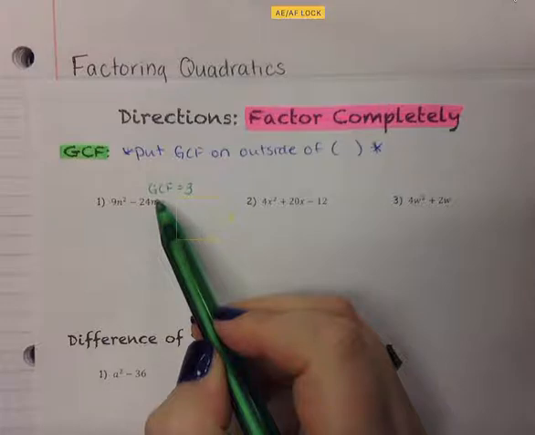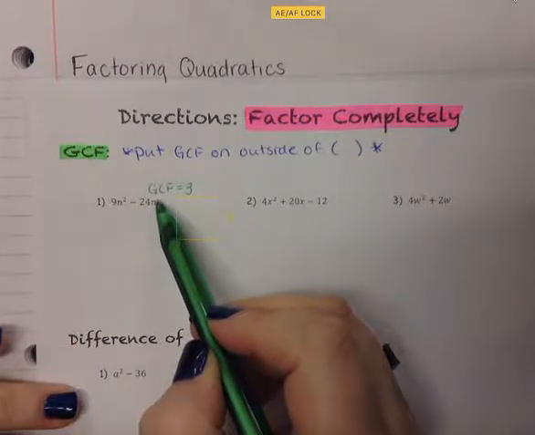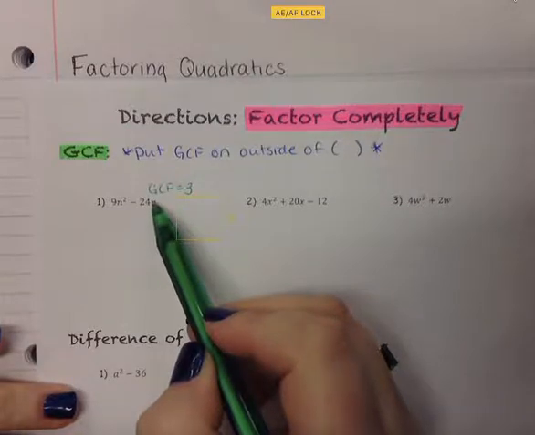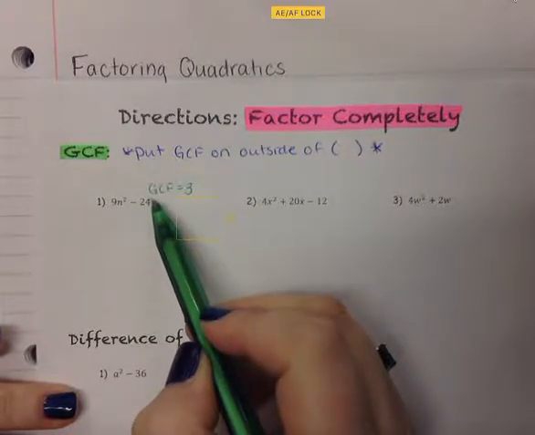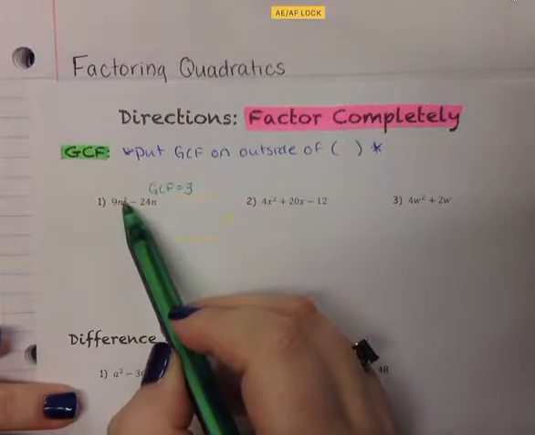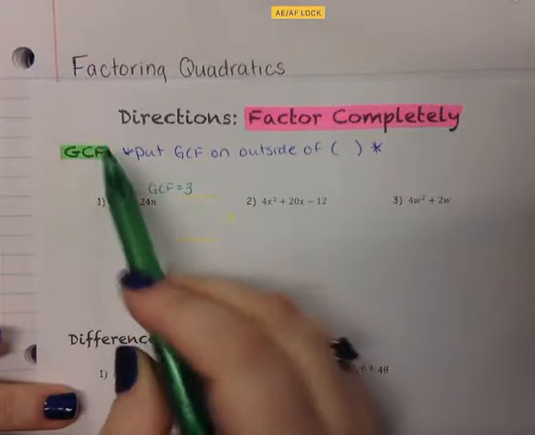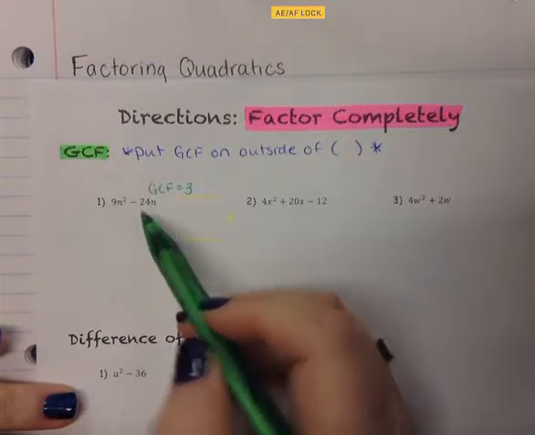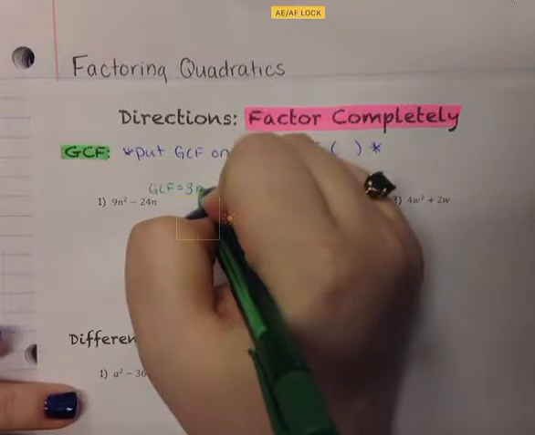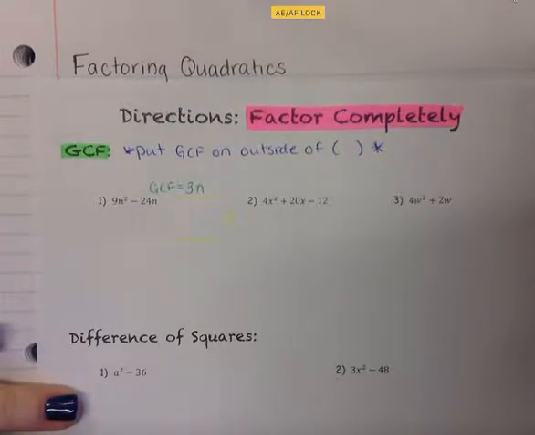So I look at the smaller exponent, which is n to the first. I can take 1n away from here, and I can also take 1n away from here. It has to be the greatest common, and I have to be able to divide it. So my GCF has an n in it. So my greatest common factor is 3n.